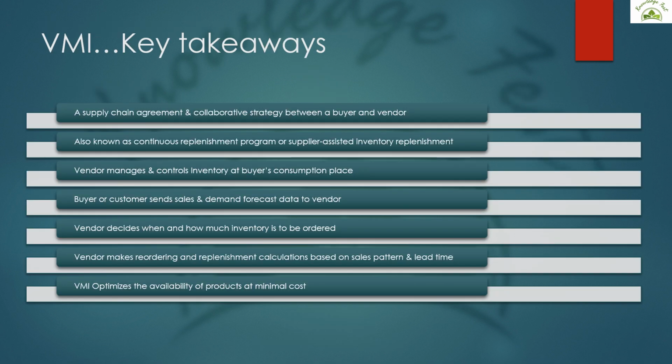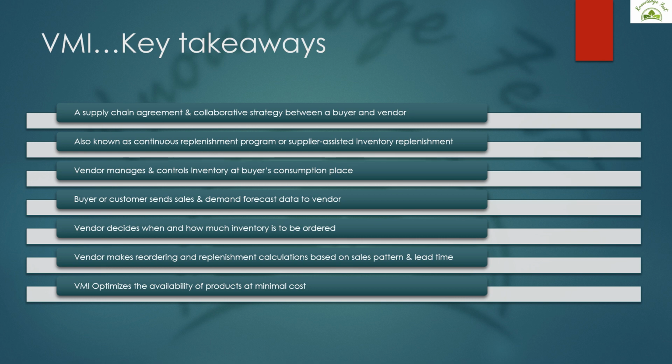Now let us move to the vendor managed inventory model. What is the difference between a VMI model and a traditional business model? In a traditional business model, as we have seen, the inventory management functionality is completely owned and controlled by the buyer or the customer company, right?